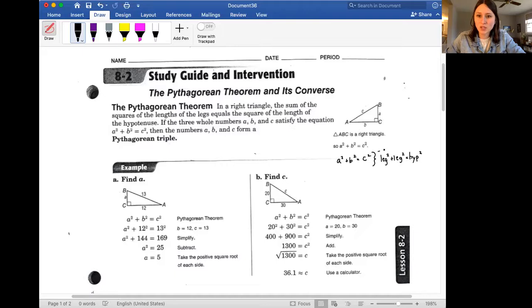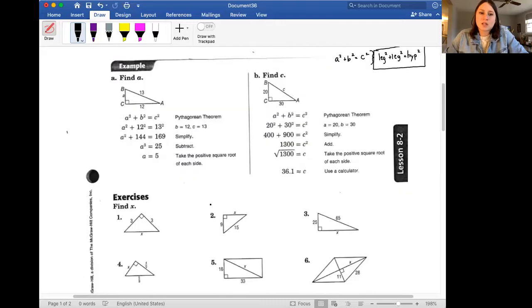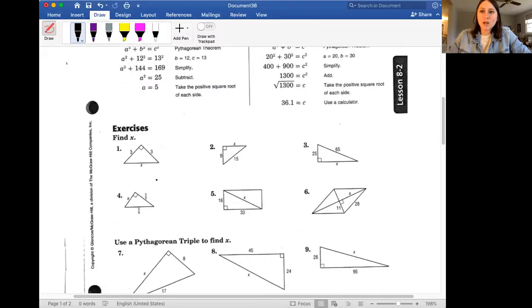It's the same thing, but the information is more specific. So we're going to identify what's our hypotenuse, what are our legs, and then plug that into our equation.